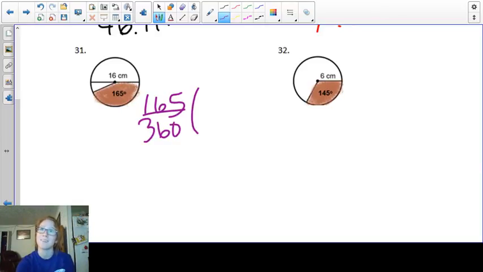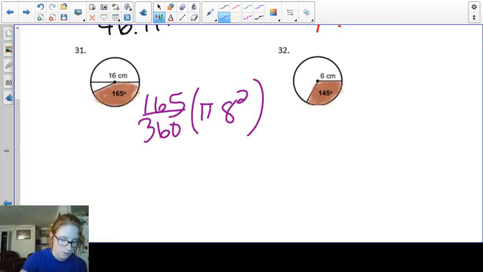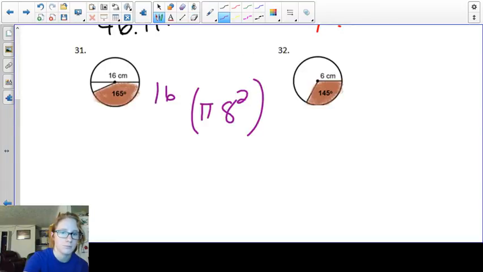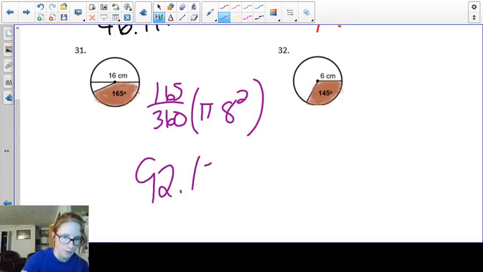This one's giving me the diameter, so my radius would be 8. So pi 8 squared, not 16, which gives me, oops. Oh, what did I do? I erased too much. Hold on, let me fix it. Go back to the regular size. So when I multiply that whole caboodle out, I get 92.15 centimeters squared.